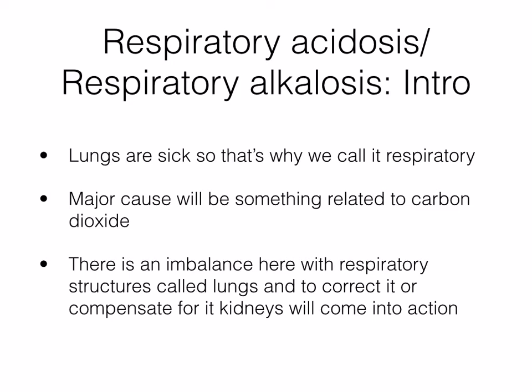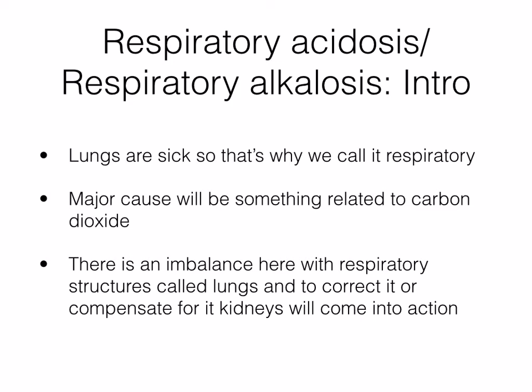So remember, the lungs are sick, they cannot compensate for themselves. Kidneys have come into action, and they will manipulate the chemicals bicarbonate and hydrogen. Remember, bicarbonate is basic, and hydrogen is related with acidity. So to bring the pH back to normal, they will secrete bicarbonate.